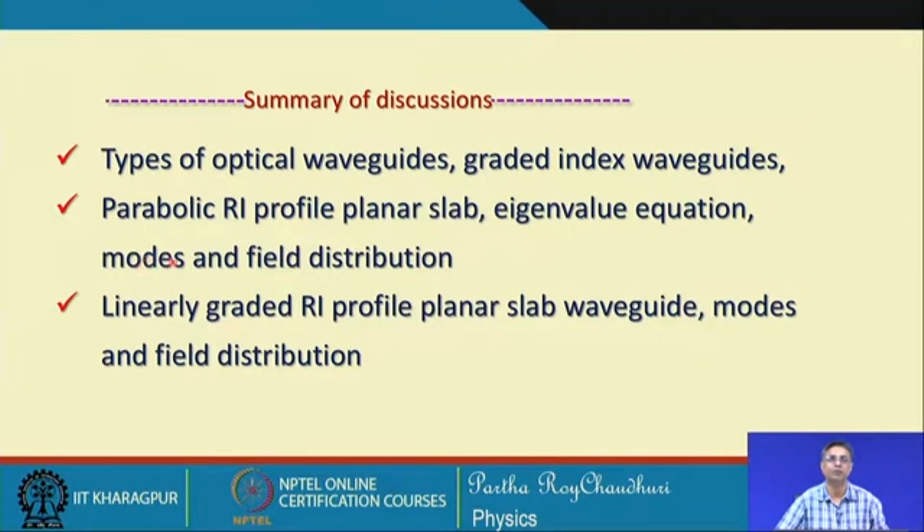We looked at the modes and the field distribution. Then we talked about various other profiles of waveguides with linear refractive index profile, symmetric and asymmetric structures, two lobe structure and so on.